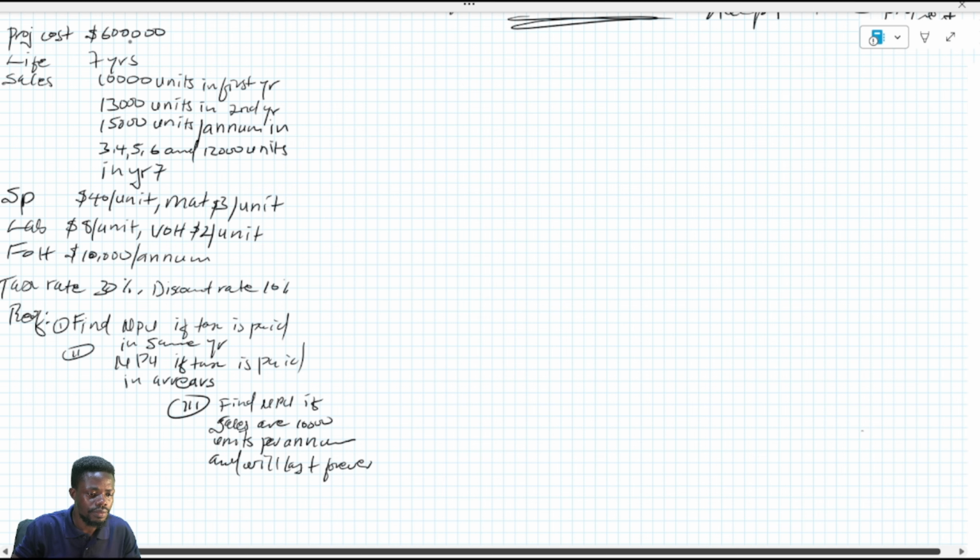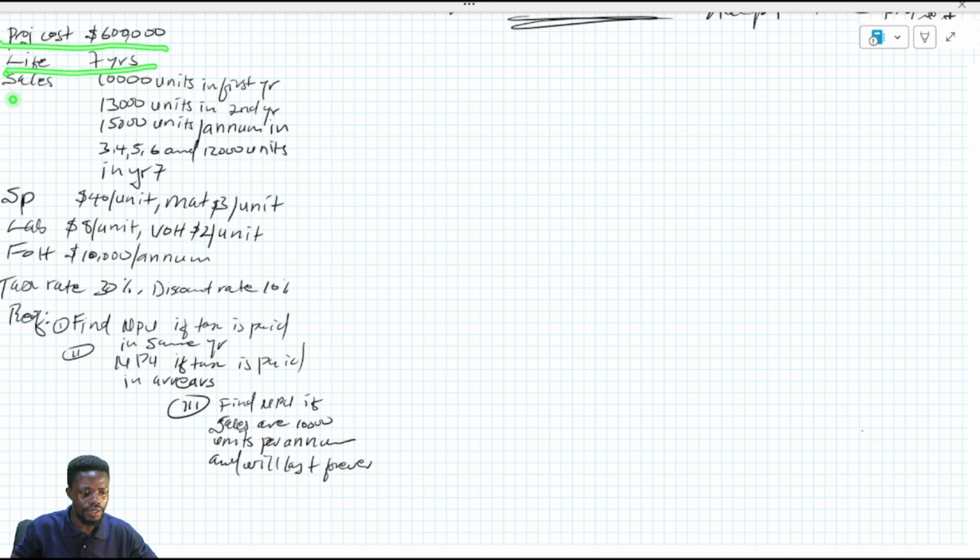$600,000. The project cost $600,000 and it went for 7 years. Sales: you have 10,000 units in the first year, 13,000 units in the second year, 15,000 units per annum in years 3, 4, 5, 6, and 12,000 units in year 7.